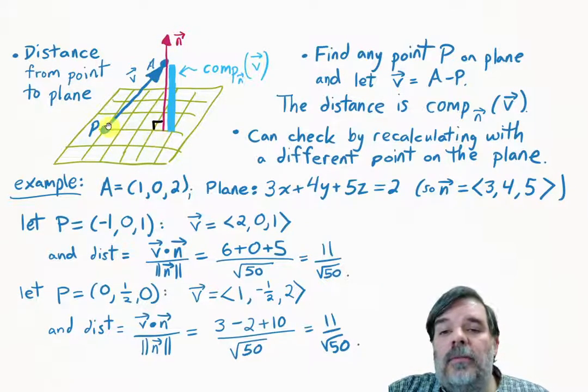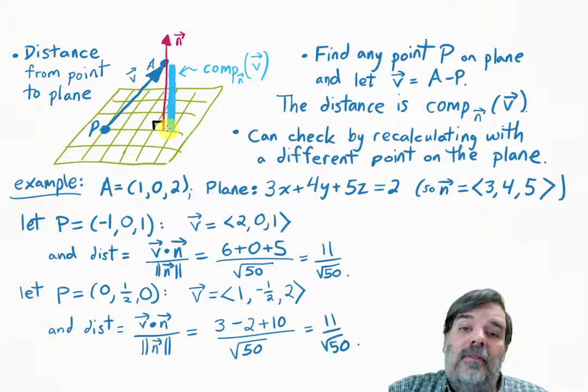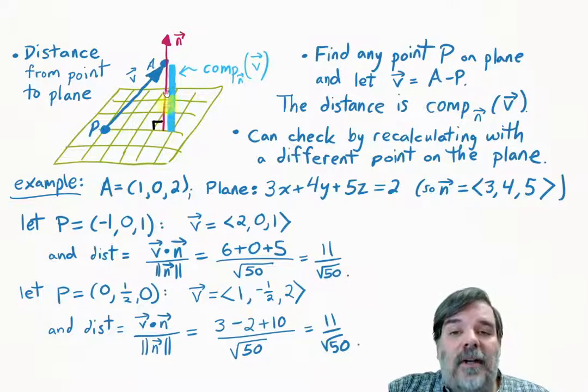What you would want to do is find the length of the projection of this vector onto this perpendicular. But the length of the projection is also called the component. So in order to find the distance from this point A to this plane, you want to find the component of the vector v on the vector n.